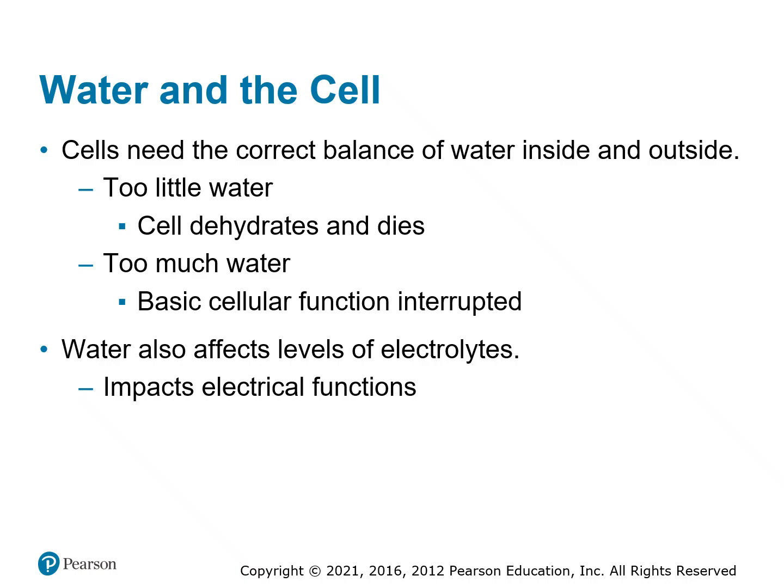All right, so water also affects the levels of electrolytes. Our body has certain needs when it comes to salt and electrolytes. So sodium, potassium, magnesium, that sort of thing.